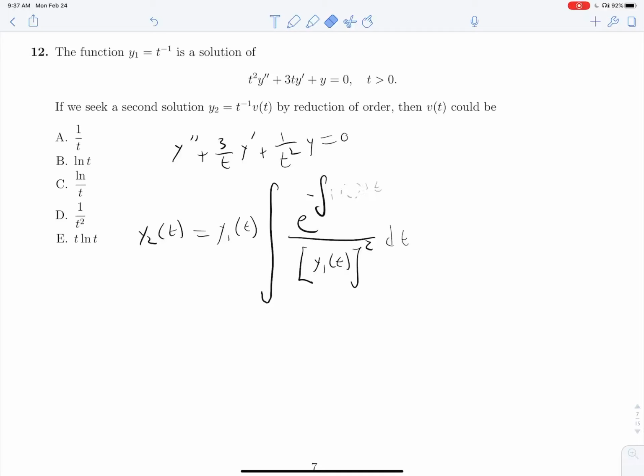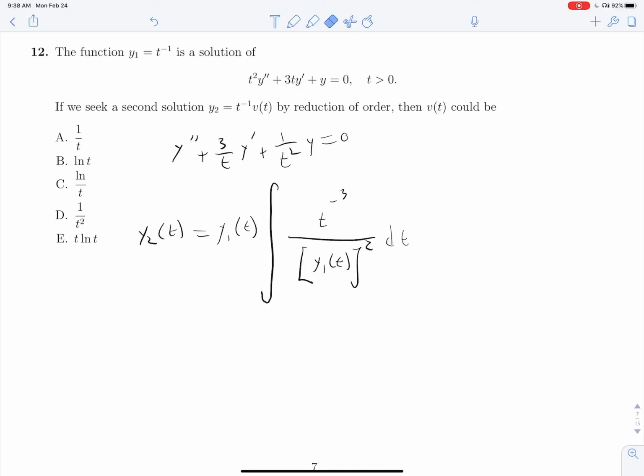So we have minus 3 over t dt. This integral will give us 3 ln t. Oh my god. Damn it. I'm sorry about that. I'm going to leave it in there just to annoy you guys. So e to the negative 3 ln t is going to give us t to the negative third.